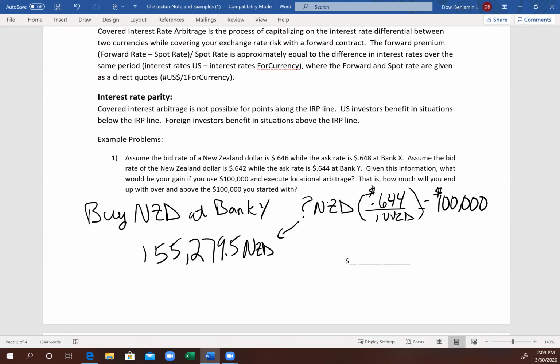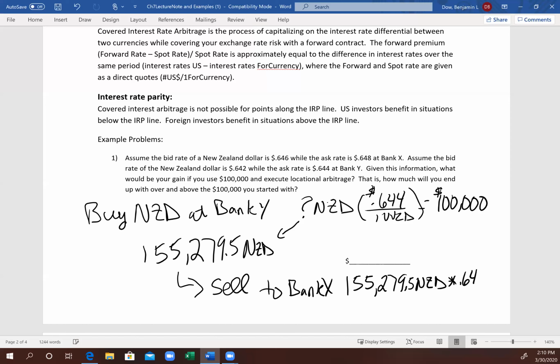So now we're going to take those New Zealand dollars and sell them to Bank X. And Bank X, remember, is willing to give us 0.646 US dollars for every New Zealand dollar.